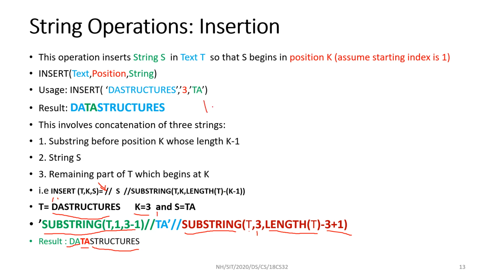If there are 10 characters and K value is 3, that means 2 characters were extracted. 10 minus 2. The length of the string is 10, minus (K minus 1).